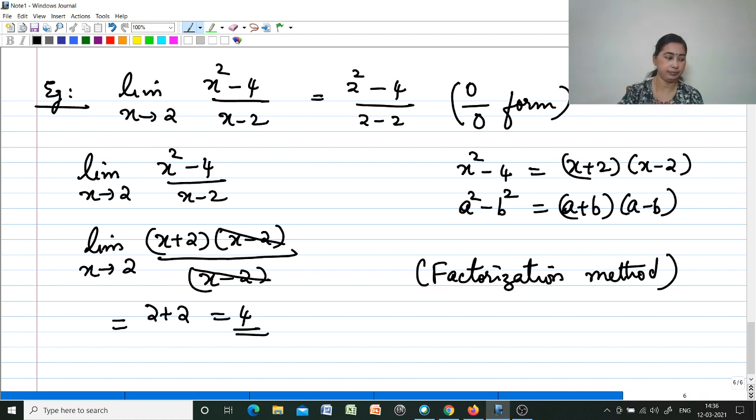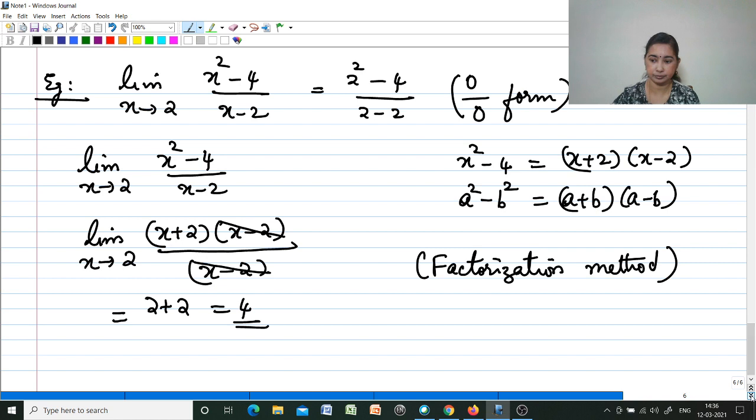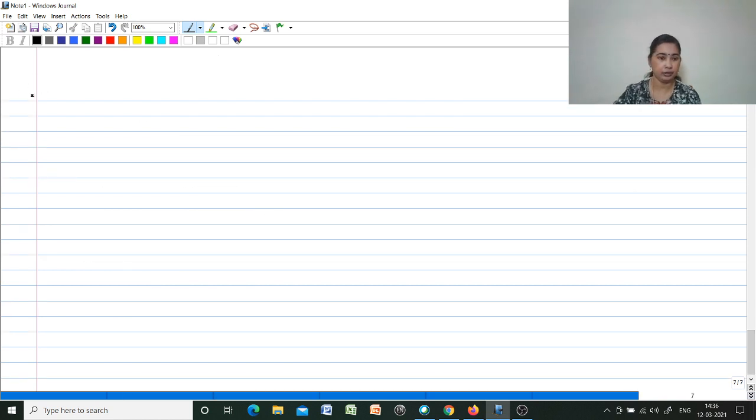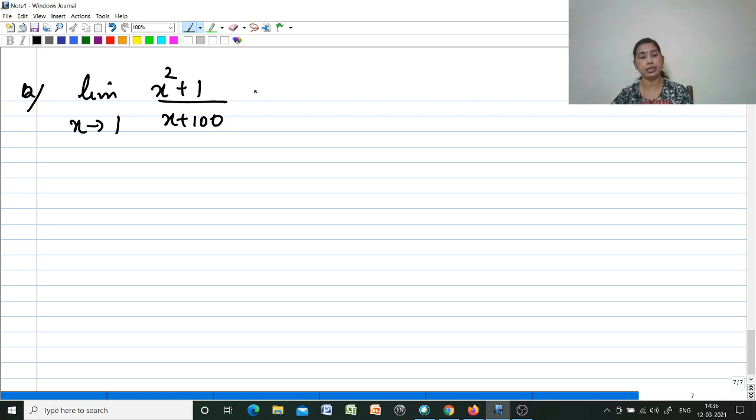Okay, now next question. Limit x tends to 1, x square plus 1 divided by x plus 100. First thing is that we have to give the value of x. X tends to 1, so we have to give x equal to 1 here, and check whether it is in the normal form or whether it is in 0 by 0 form or indeterminate form.